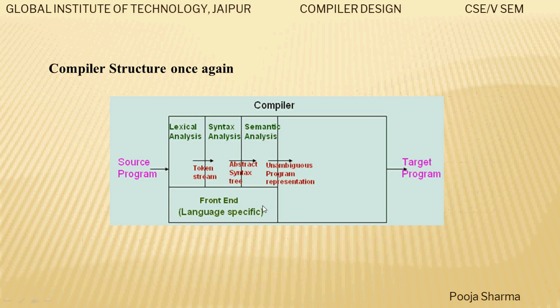Till now, we have covered conceptually the front end of the compiler with its three phases: lexical analysis, syntax analysis, and semantic analysis, and the work done in each of the three phases. Next, we look into the backend phases of the compiler.